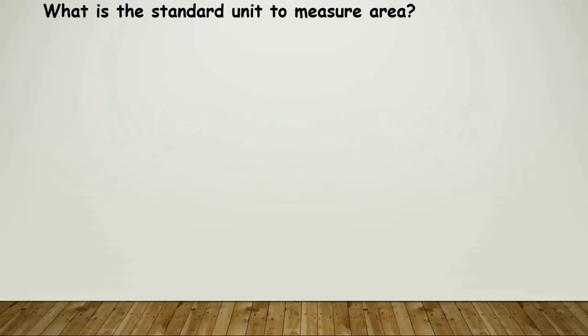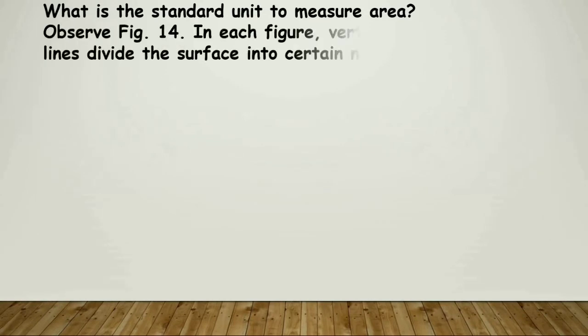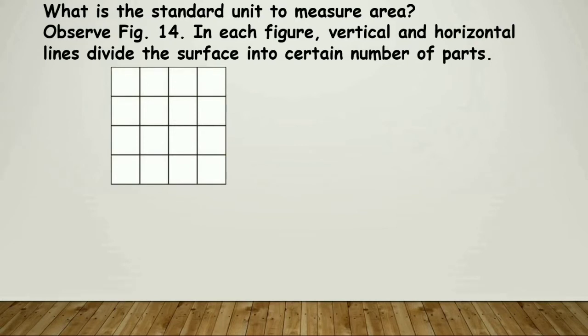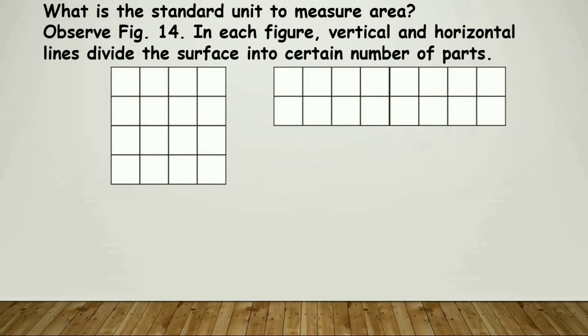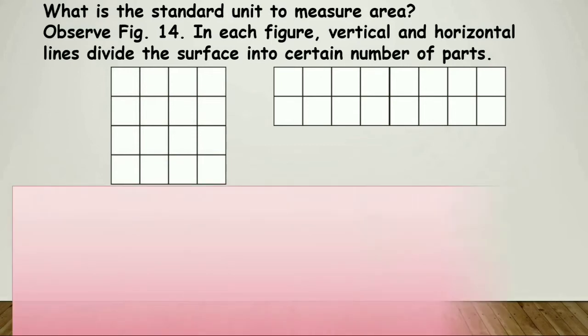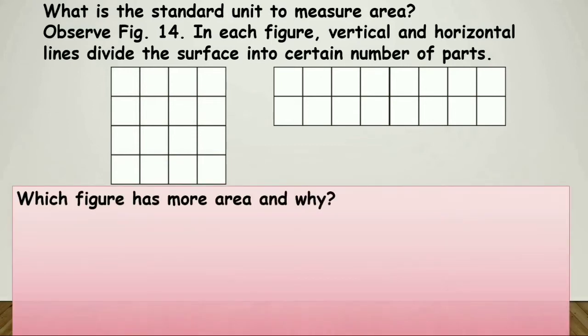What is the standard unit to measure area? Yes, we can observe this picture. Here, in each picture, vertical and horizontal lines divide the surface into a certain number of parts. Probably we can say squares. And each square has the same length and the same width.